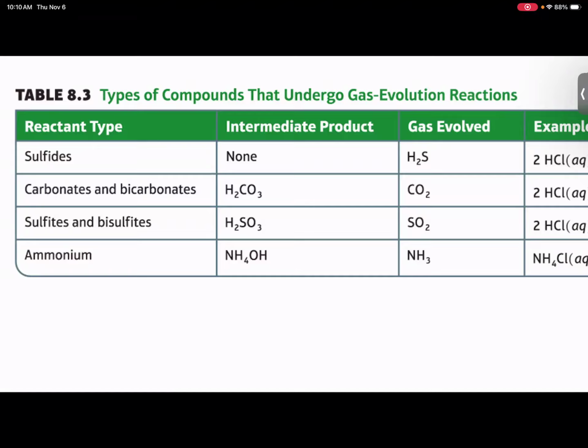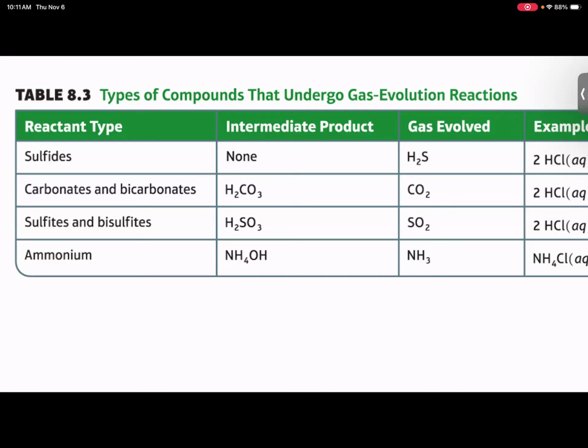The last one: you take an ammonium salt and react it with a base, specifically a hydroxide base. You're going to make ammonium hydroxide as the intermediate, which is going to wind up making ammonia gas.